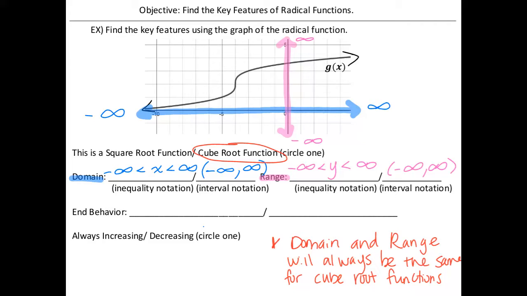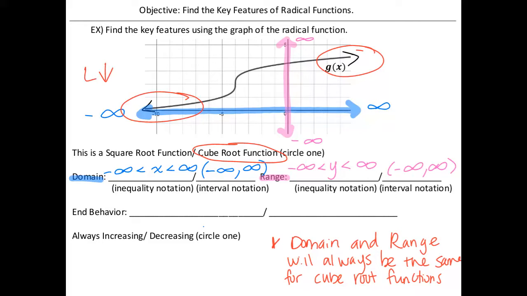So end behavior, I have the two ends on the sides. So one of them is pointing to the right, the other one is pointing to the left. But it doesn't matter which one you start with. So let's just go from left to right. The left side is pointing where? Is it curving upwards or curving downwards?